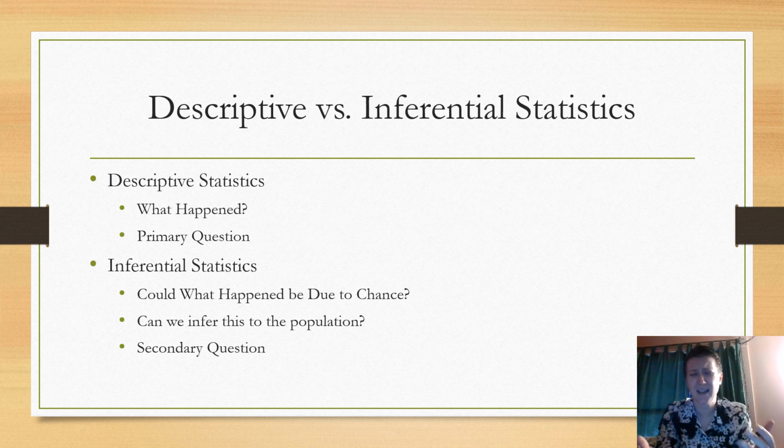I like to use an analogy for descriptive and inferential statistics. If you're trying to get to know someone, descriptive statistics is just looking at what they look like. Maybe what they're wearing, what color eyes they have, what color hair they have.